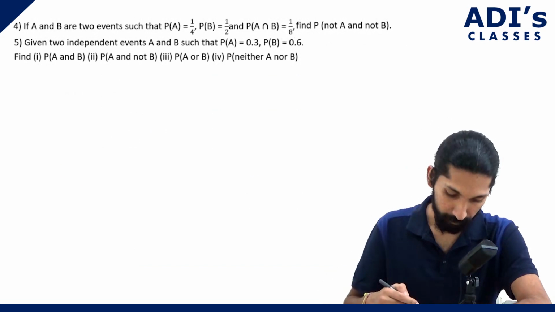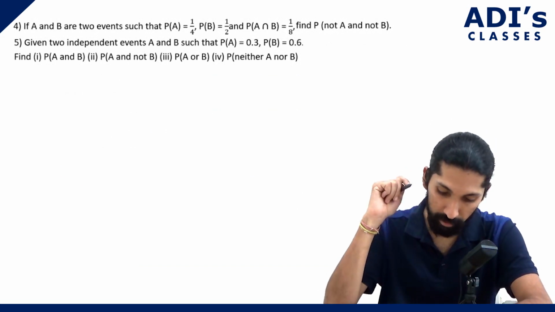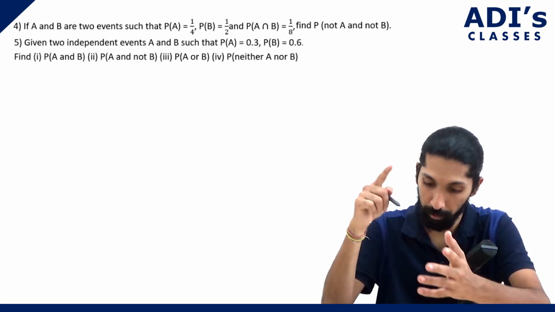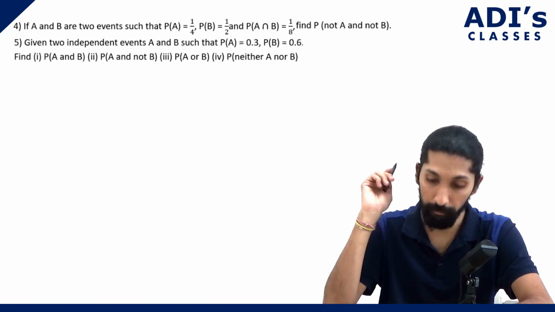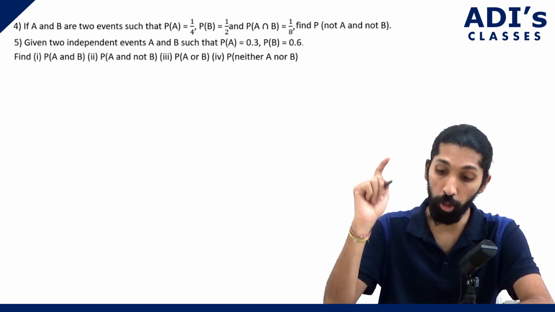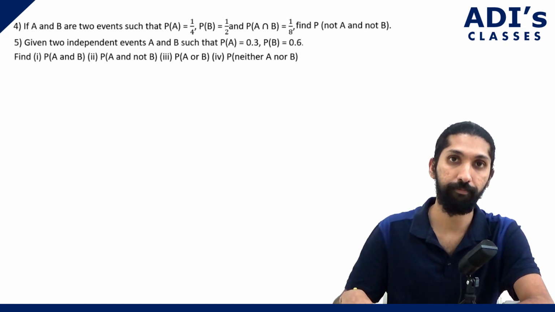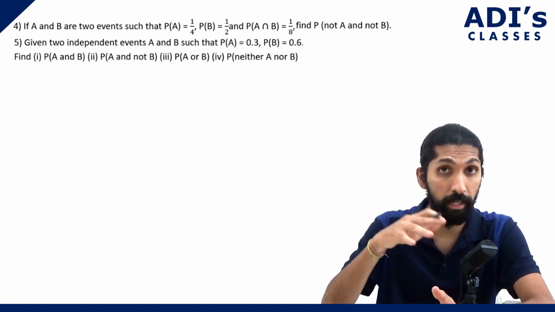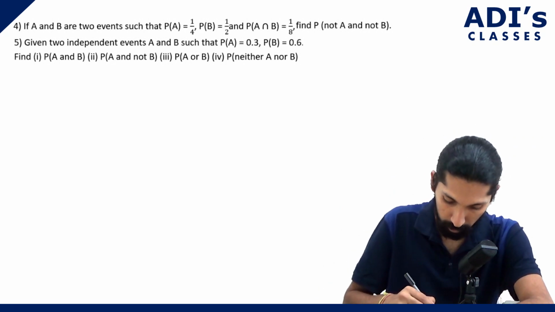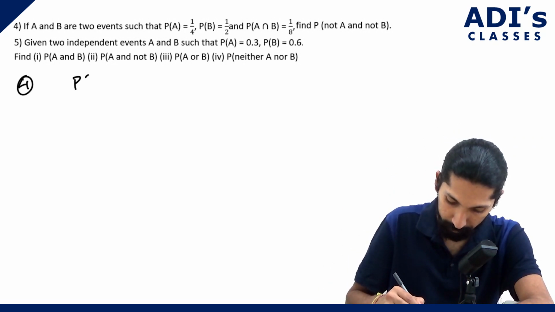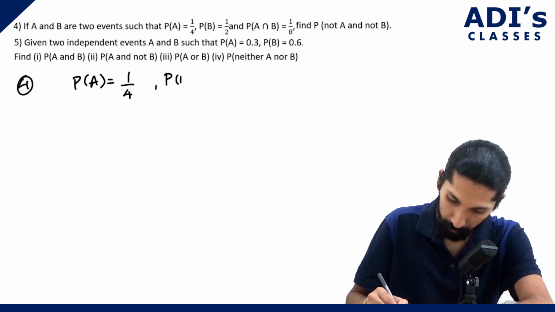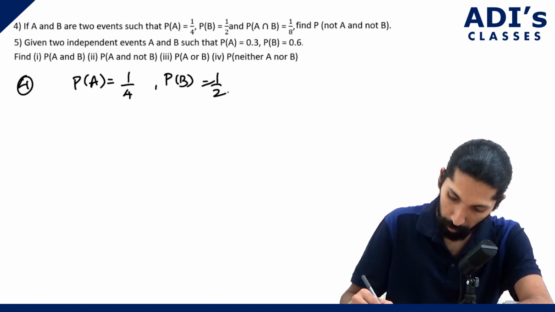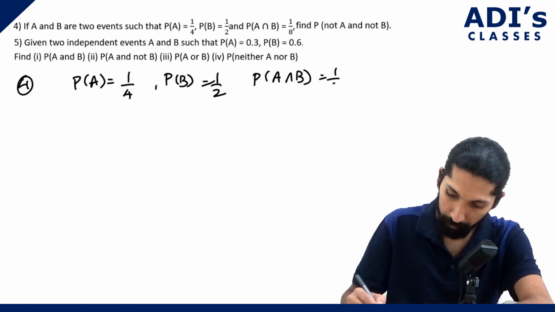See the fourth one. If A and B are two events such that P of A, P of B and P of A intersection B are given, find P of not A and not B, correct? So, when we talk about not A and not B, first P of A is 1 by 4, P of B is 1 by 2, P of A intersection B is equal to 1 by 8.